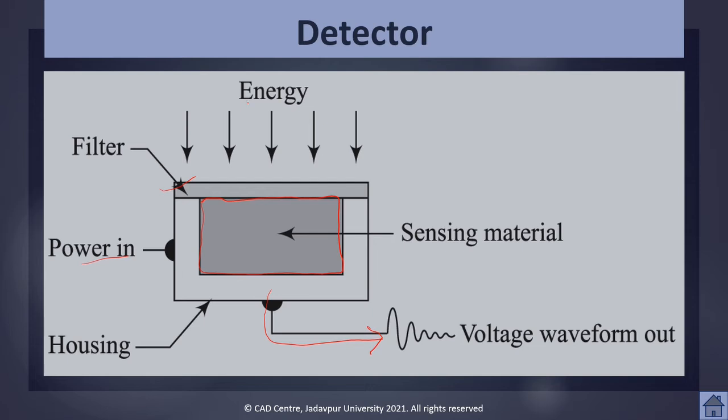Now, if we have a higher amount of incoming energy, then there is more excitement here and more electrons are released, so the voltage is also higher, and as a result the pixel value is also higher. On the earth surface, brighter areas reflect more energy, and as a result brighter areas will appear brighter on the imagery, since their pixel values will be higher.